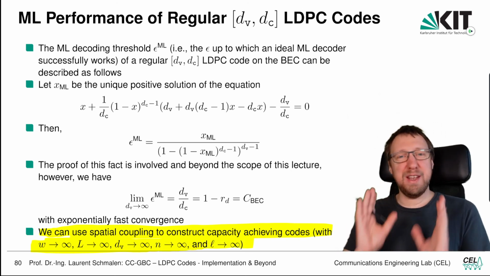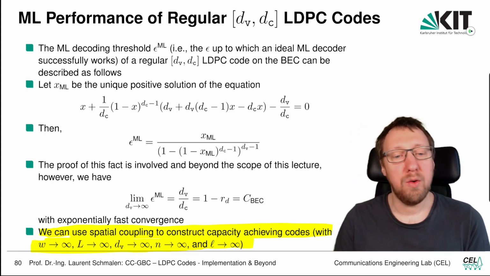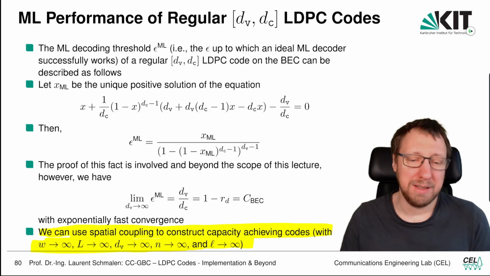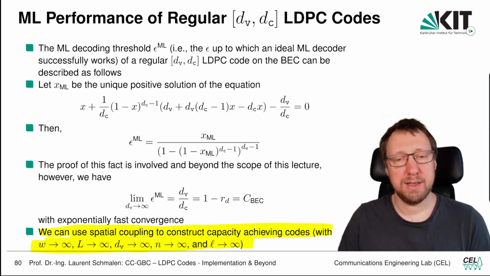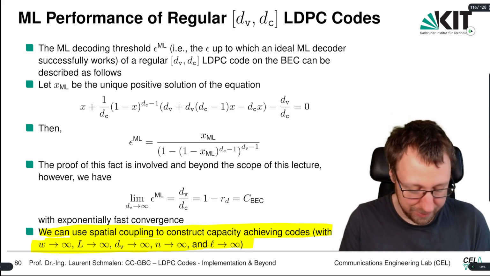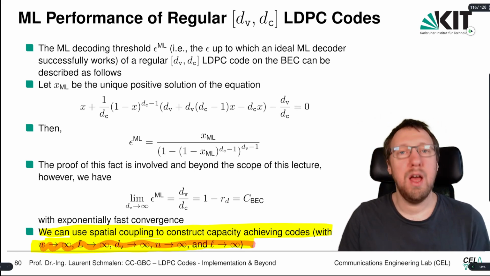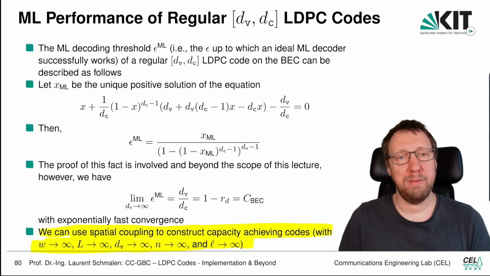So if these five things go to infinity, or are very large, then we can construct a capacity achieving code. Otherwise, it's a little bit more difficult. But actually, even for finite values, we can achieve very good codes that outperform LDPC codes.